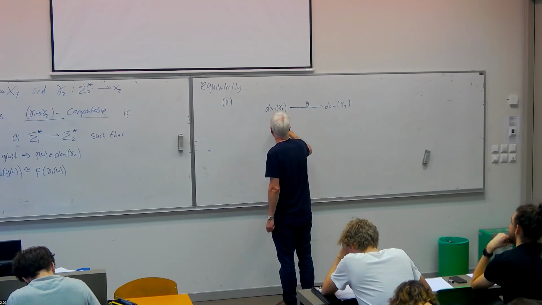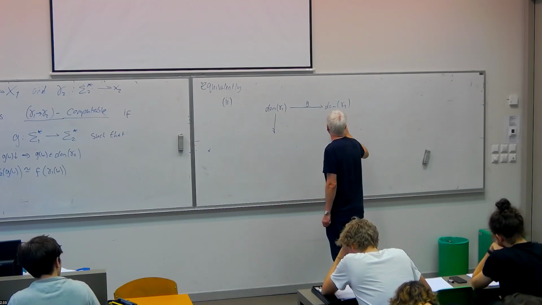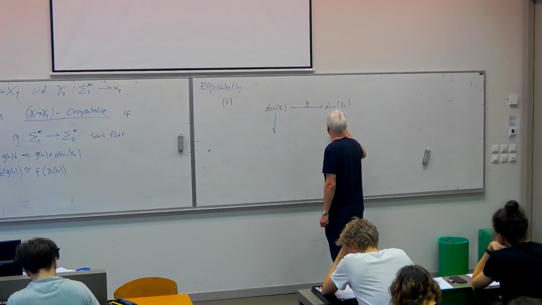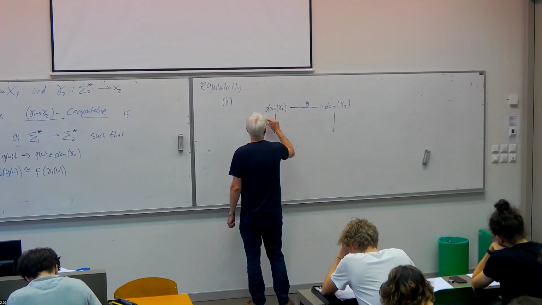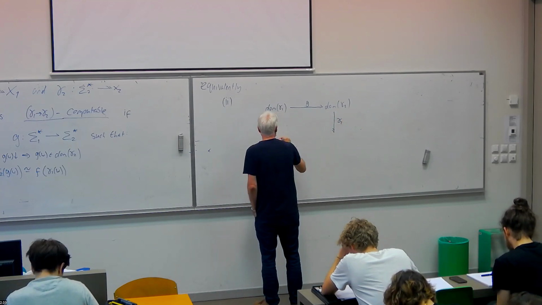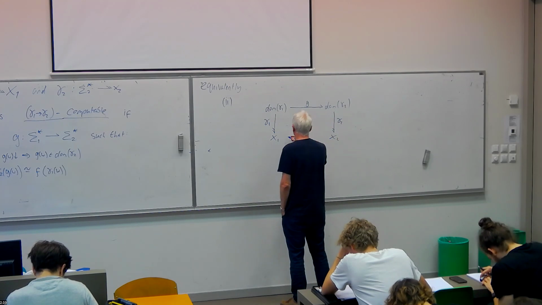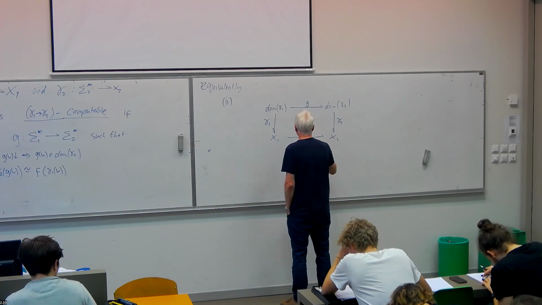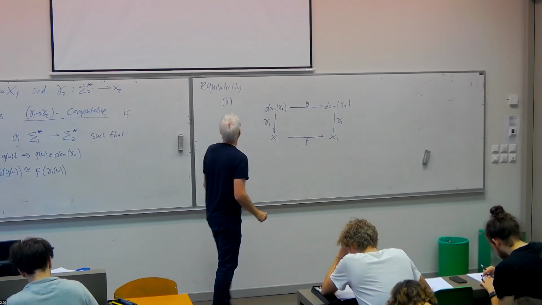Then we've got our two partial surjective functions here with representations gamma 1 and gamma 2. We've got the set X1 and the set X2, and the partial function f.